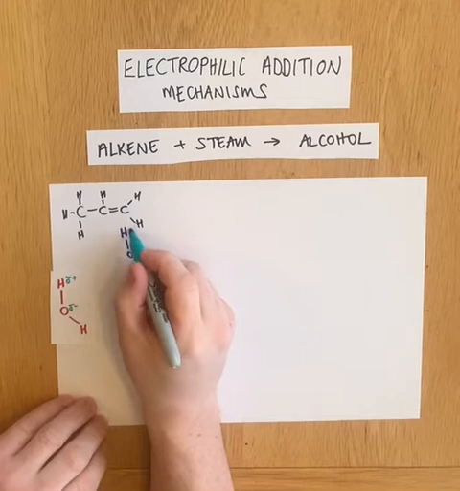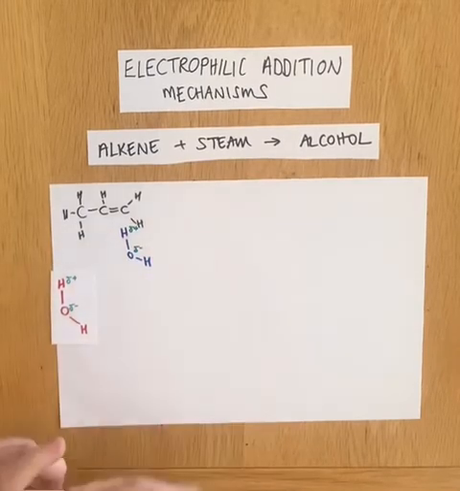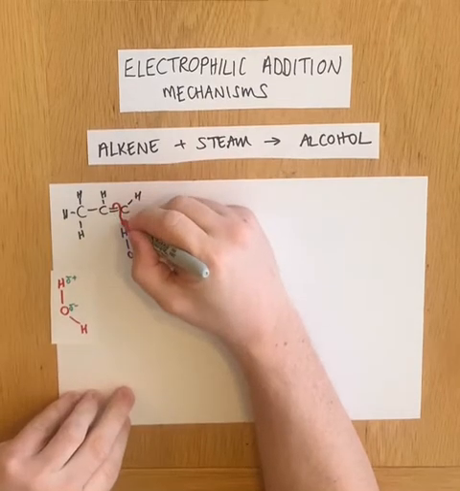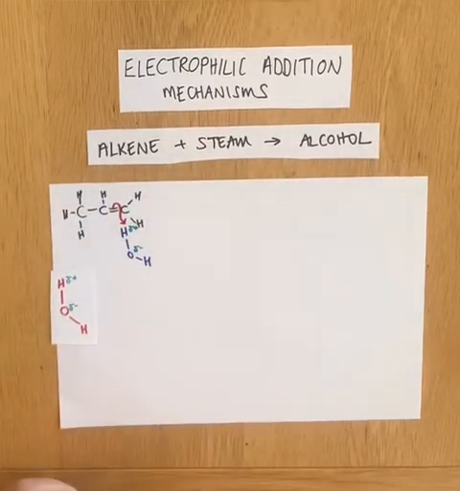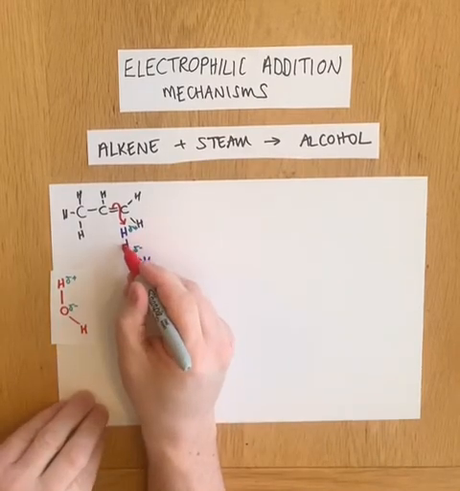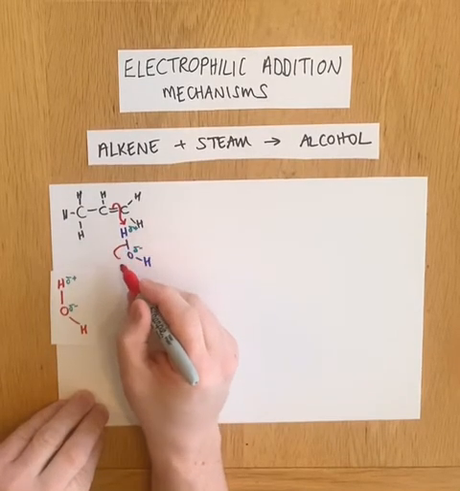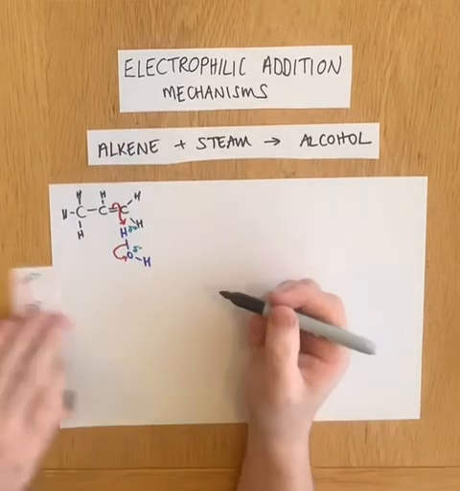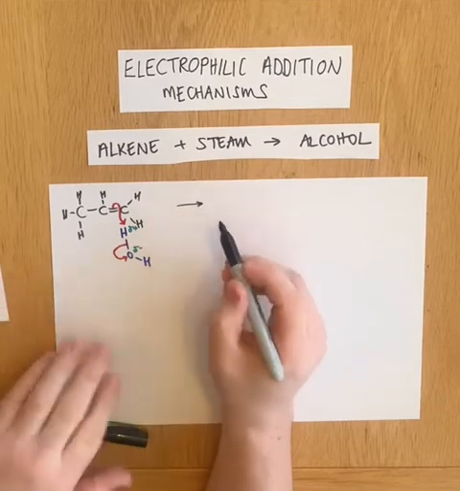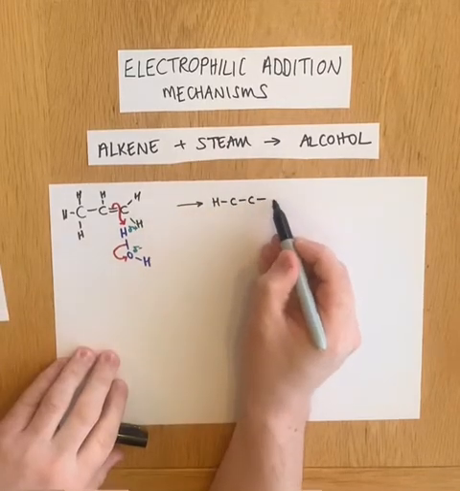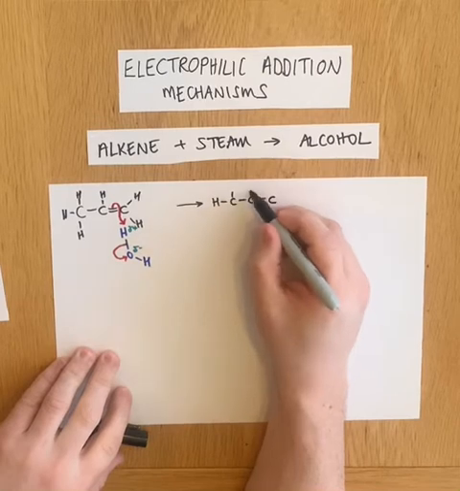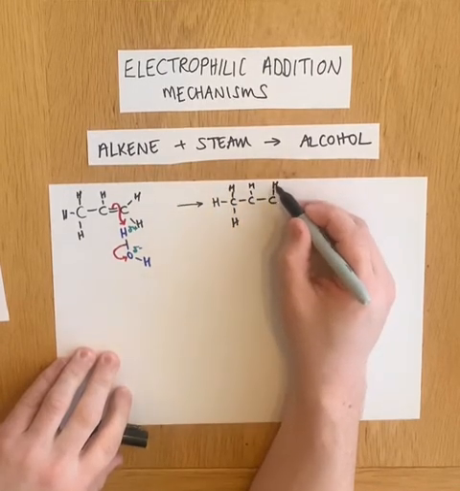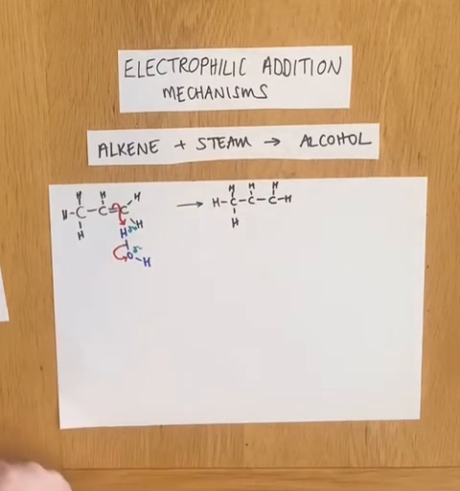If I add my partial charges, delta positive and delta negative, that are relevant, and then I have a pair of electrons coming out to form a bond between the carbon and that hydrogen, that makes the pair of electrons on the hydrogen-oxygen bond go onto the oxygen. That produces my very stable, or more stable at least, more stable than a primary carbocation.